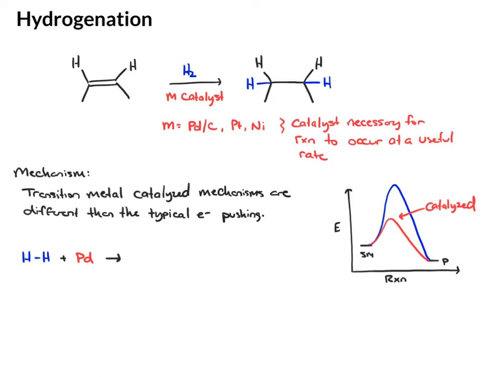So we end up with the palladium having two hydrogens on it. Next, the alkene comes in close proximity to the palladium. And what it does is it coordinates with the metal. So we get something that looks kind of like this.